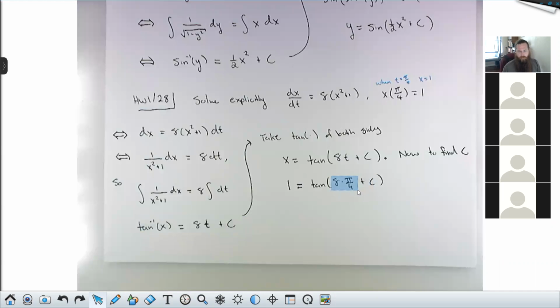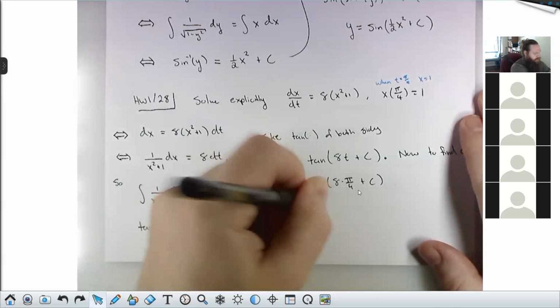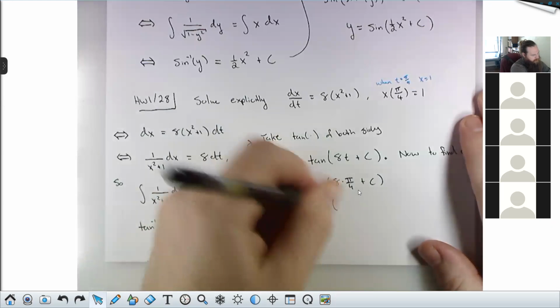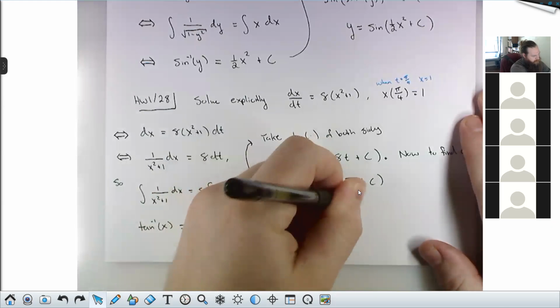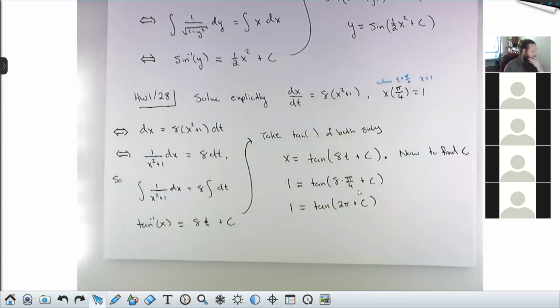8 pi over 4, that's 2 pi. So we get 1 is equal to the tangent of 2 pi plus c. And then to solve this for c, that's what I was saying, it might be easier to work from here.